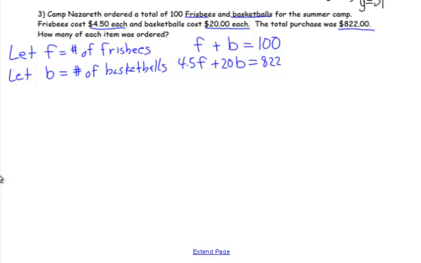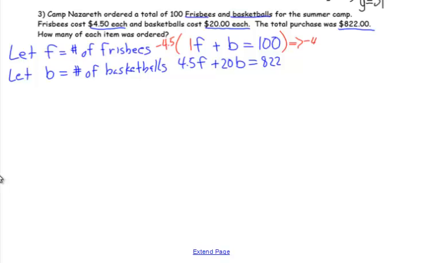But we definitely don't have coefficients that are opposites, the same but opposite. So I'm going to go ahead and solve first for frisbees. And to do that, I'm going to multiply the top one by negative 4.5. That'll give me opposites, and I can cancel those out.